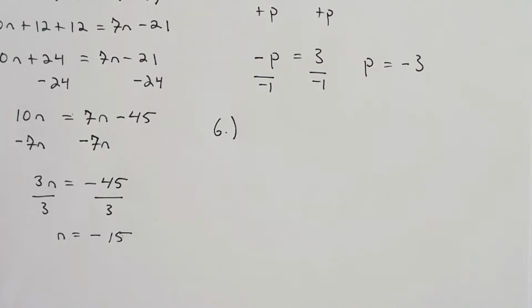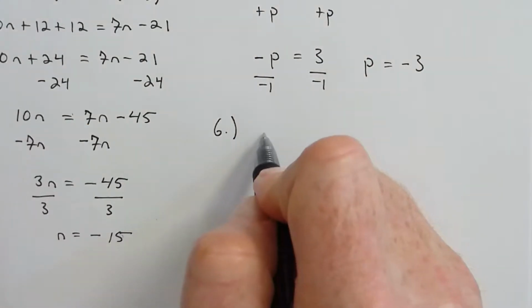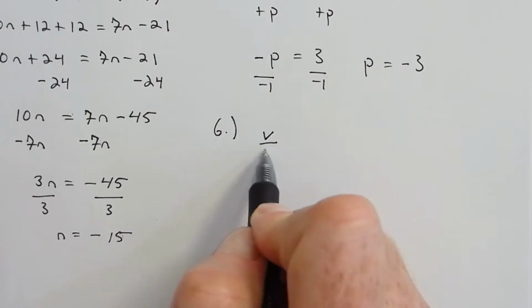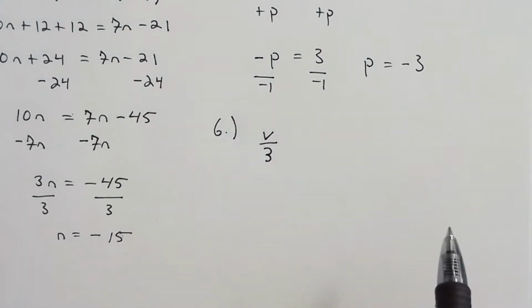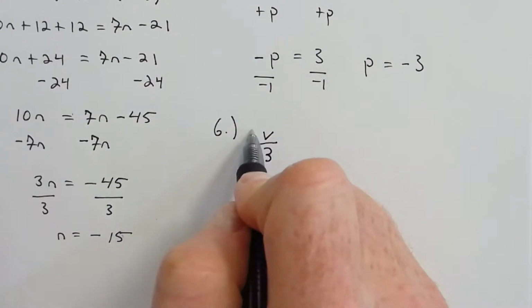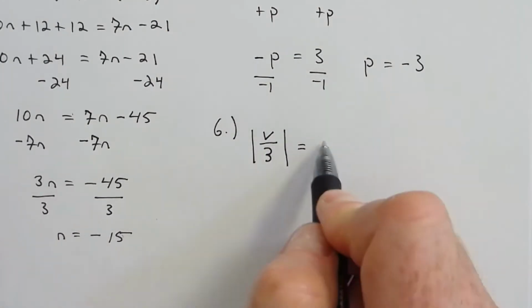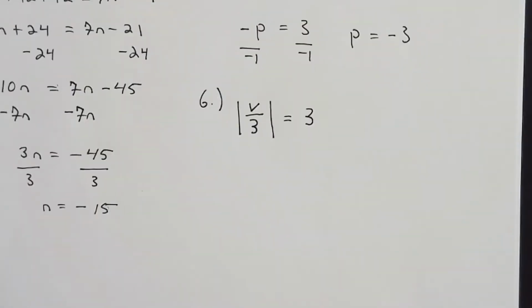So number 6, the absolute value of v divided by 3 is equal to 3.